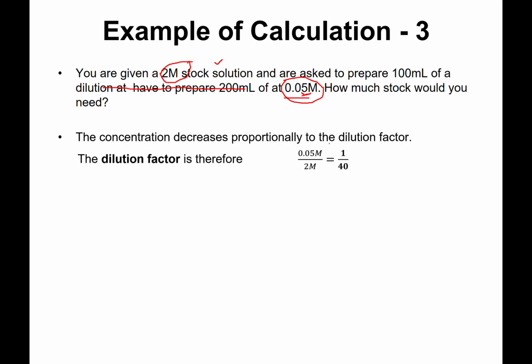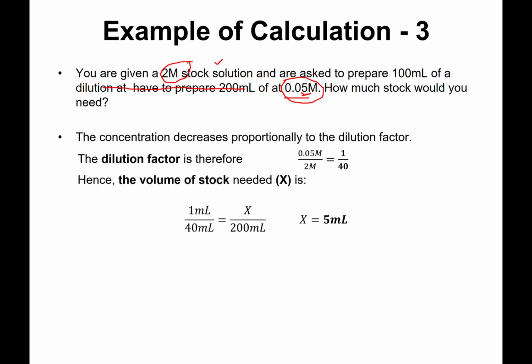Okay. So how do you use that to figure out the total volume of the solution? Sorry, these calculations are based on 200. This was correct. The 100 milliliters was incorrect. I will correct it before I post this. So what is then that you need? Well, we know that if the dilution factor is 1/40, it means that if you had to prepare 40 milliliters, you will need 1 milliliter.